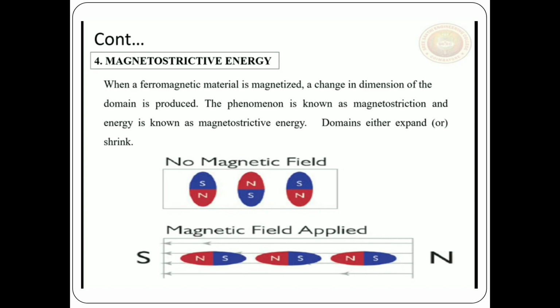In the first diagram, without the magnetic field, it has random orientation. But when we apply a magnetic field, each domain has the same alignment and also some change in its shape. That is, the domain either expands or shrinks in size.